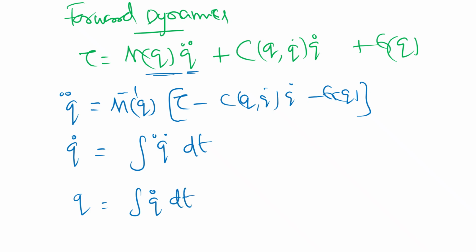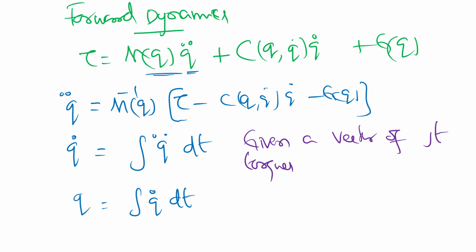So what is given here? Given a vector of joint torques, with this we have to find position, velocity, and acceleration.